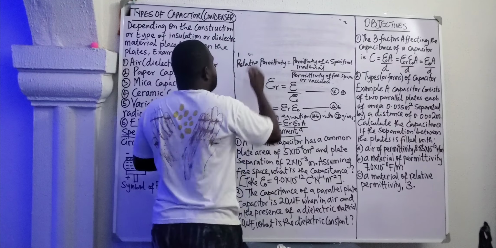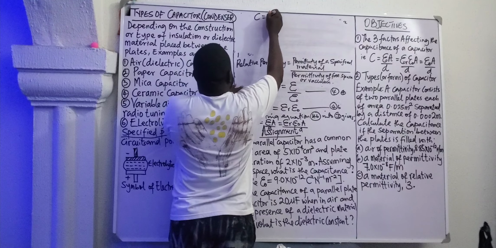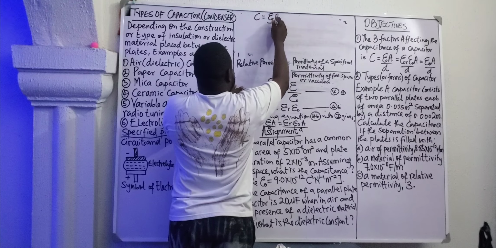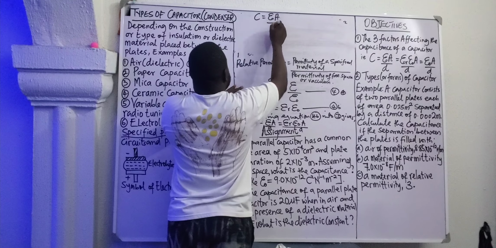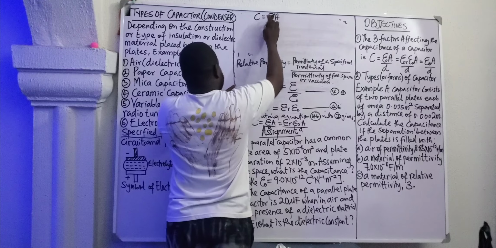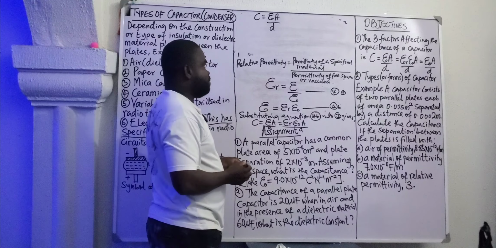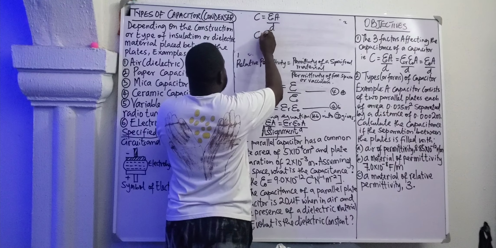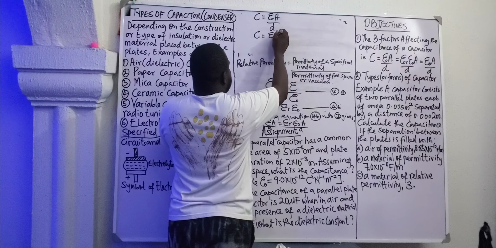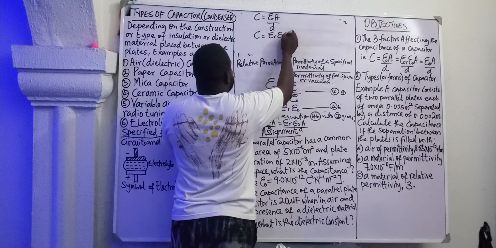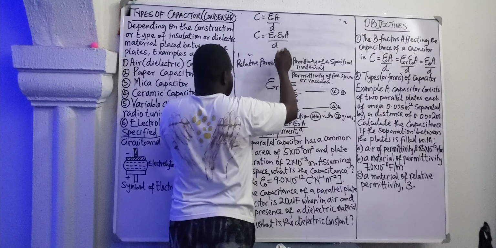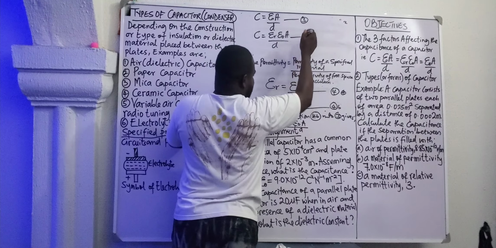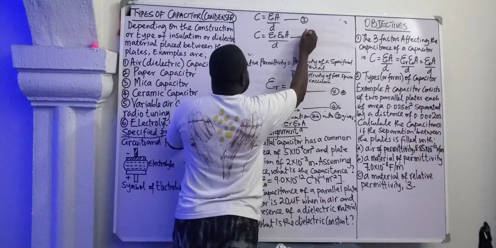Equation 3 is capacitance is permittivity of the dielectric multiplied by area divided by the distance. Now, in place of this permittivity of the material, I will replace it with relative permittivity and permittivity of vacuum. That will give me capacitance equals relative permittivity times permittivity of vacuum, times area divided by D. So this is equation 3. I will call this new one equation 5, because this is equation 4.